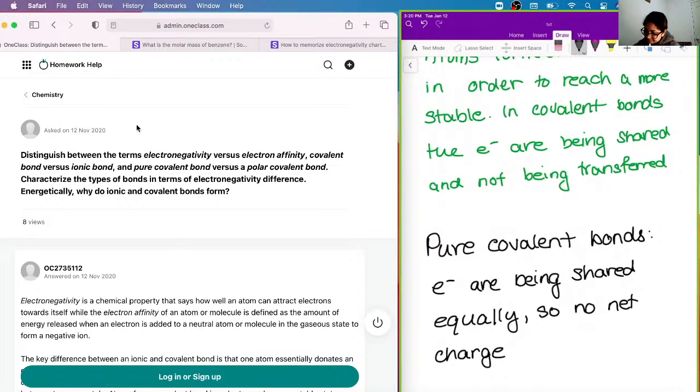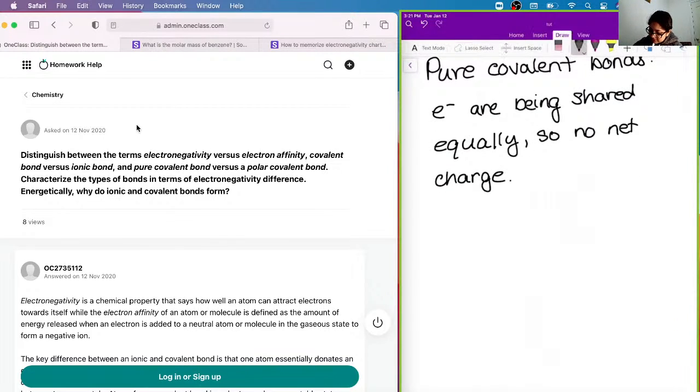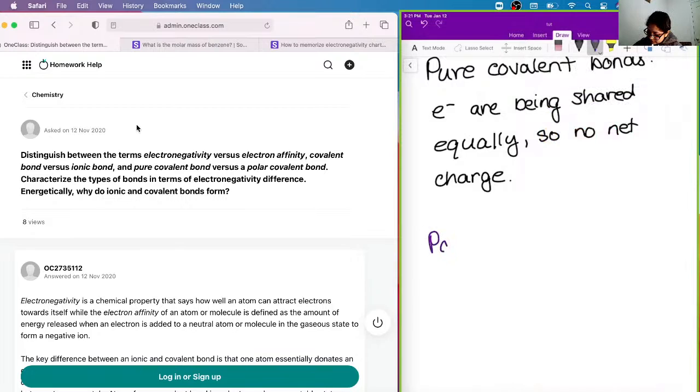However, in contrast to this, in polar covalent bonds, the electrons are shared unequally.